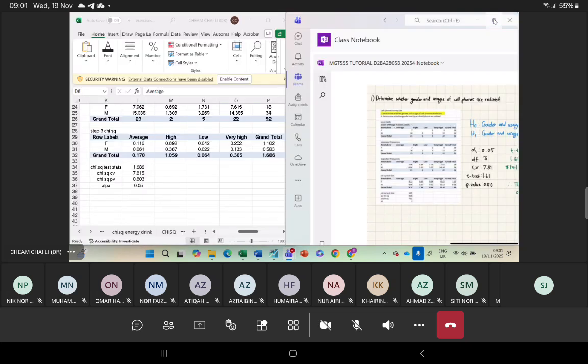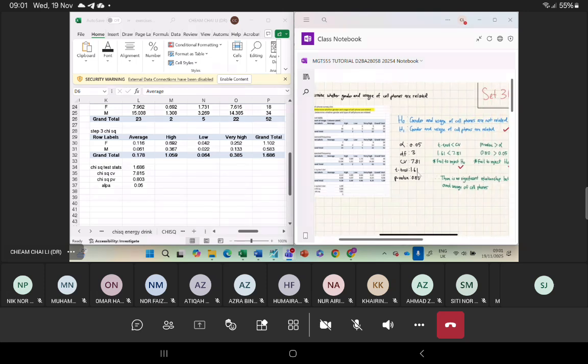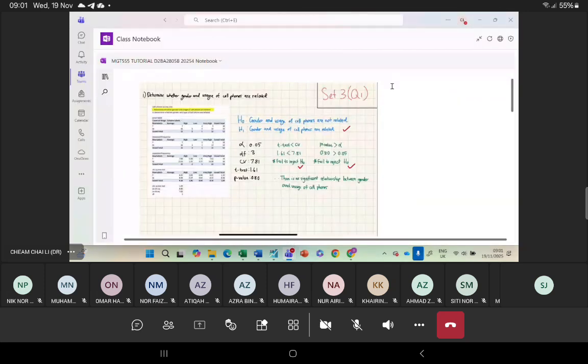I see, check here. So 1.6, 7.8, ya, betul. Kali ini betul ya. Now you can say that there is sufficient evidence to support the alternative hypothesis, whereby gender and usage of cell phone are related, right?